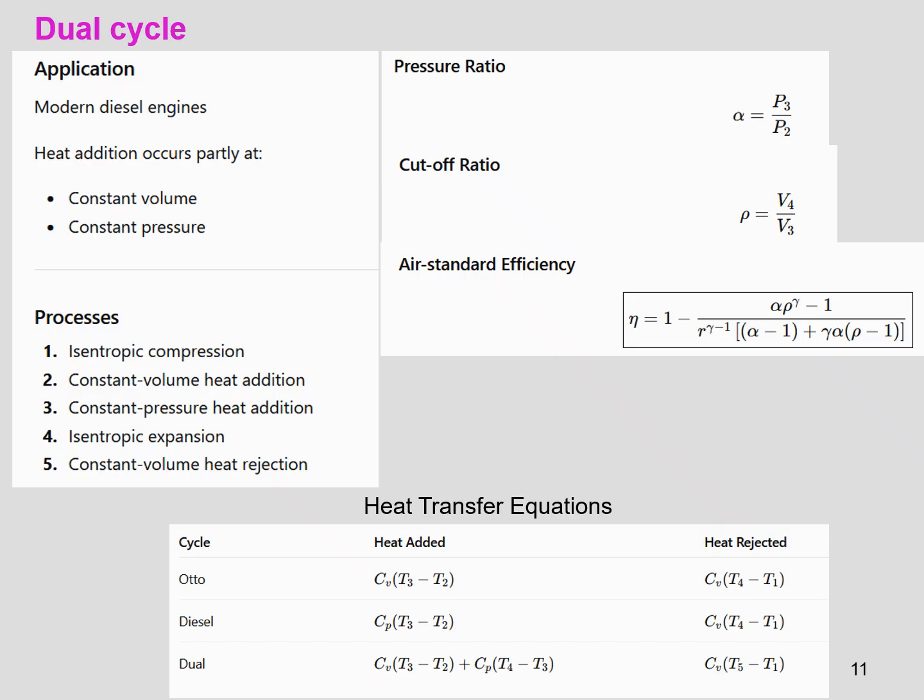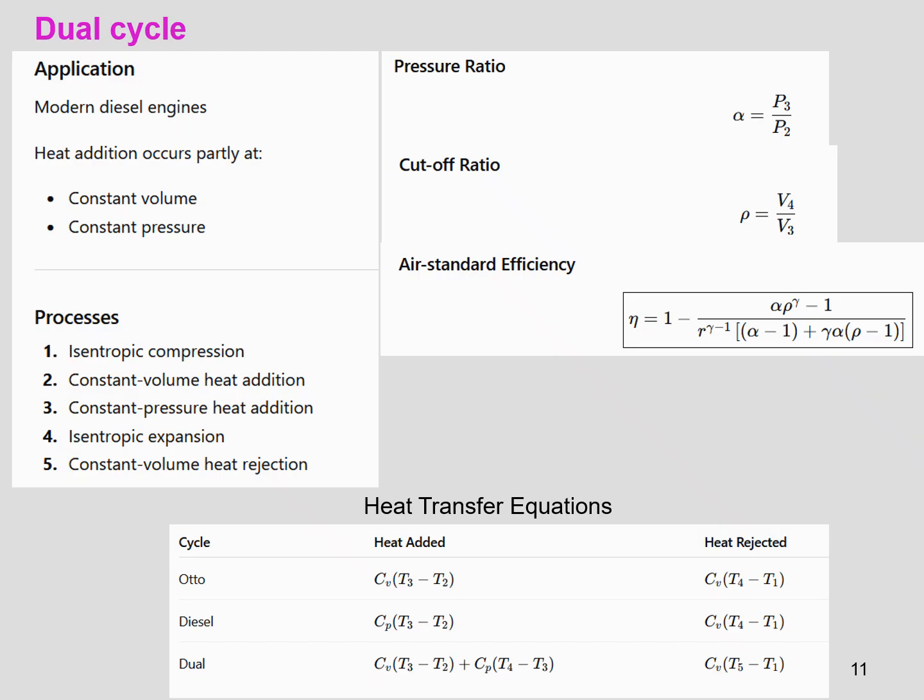So in addition to the cutoff ratio, we have a pressure ratio. We use alpha, P3 by P2, and the air standard efficiency is a very long equation. Here is the comparison of the equations for the Otto cycle, diesel cycle, and the dual one. The heat addition is in two parts, constant volume heat addition and constant pressure heat addition, two different heat additions.